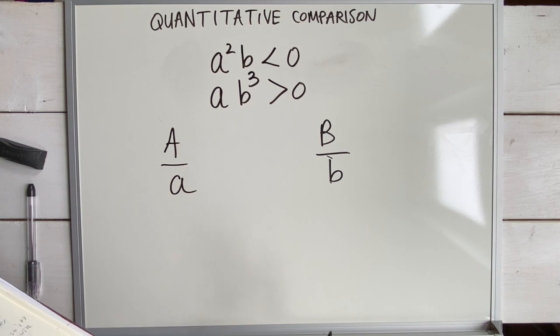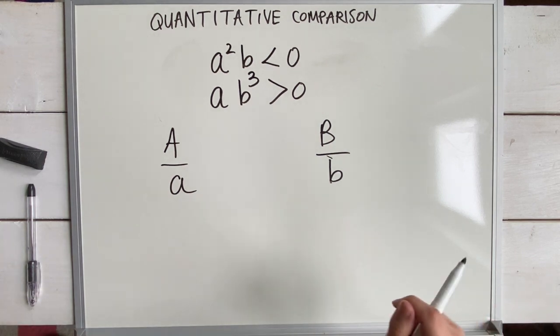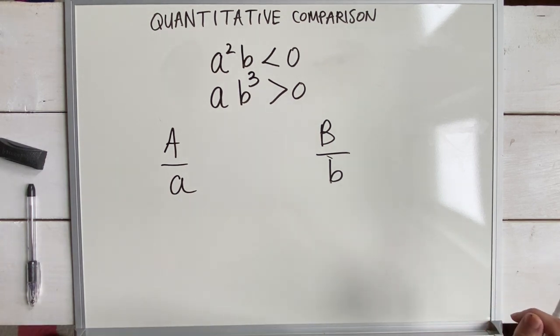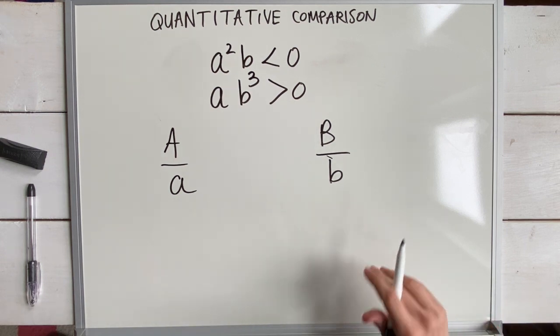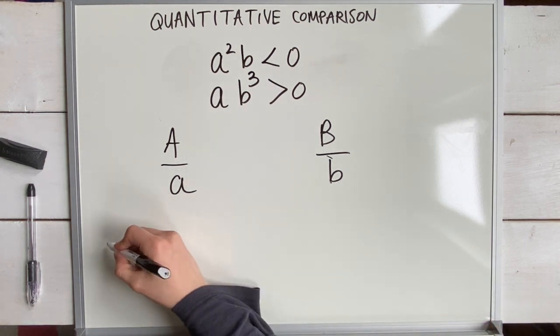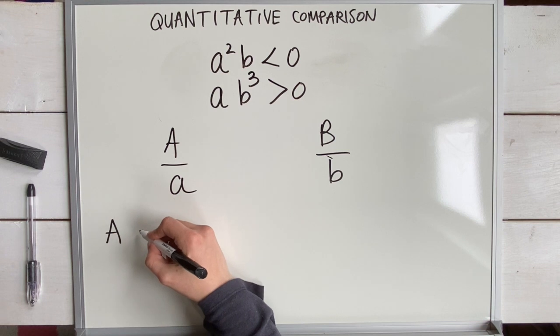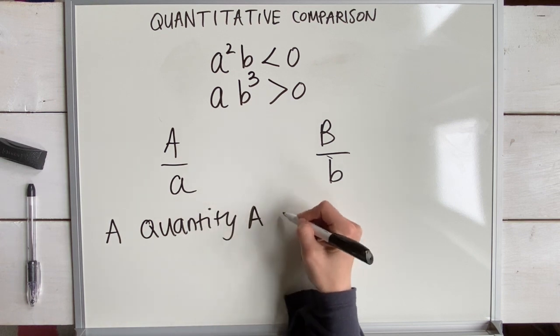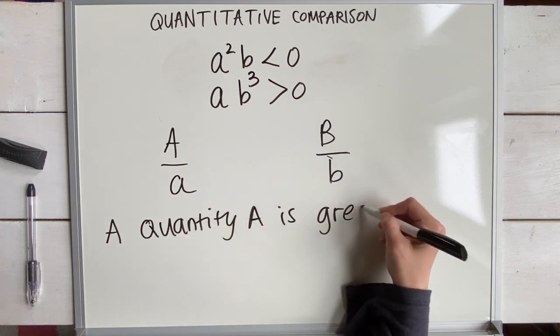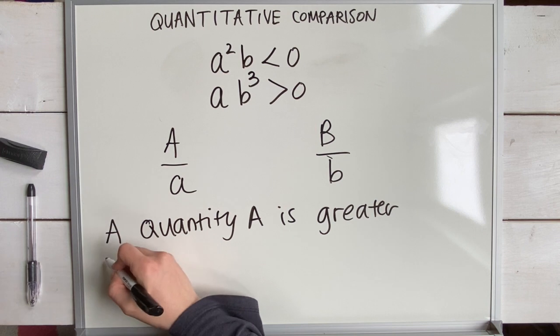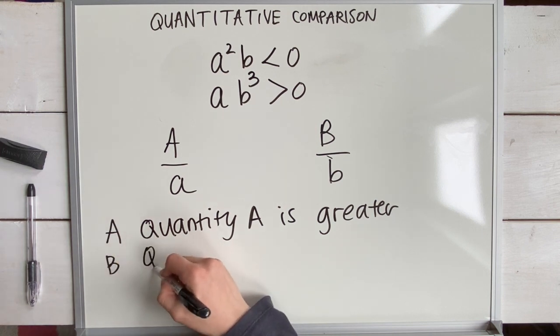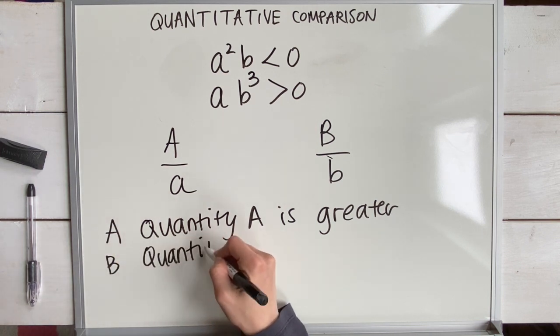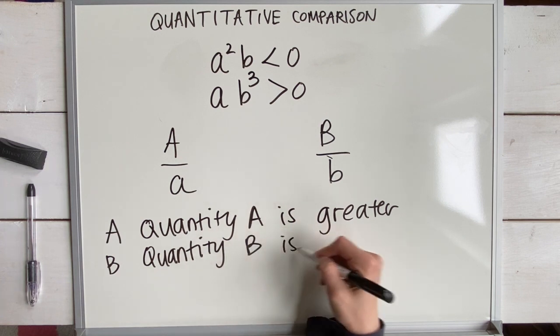The answer choices for every quantitative comparison problem are always the same, so it's definitely a good idea to memorize these options. Here are the answers. We have A, which says that quantity A is greater. We have B, which says that quantity B is greater.